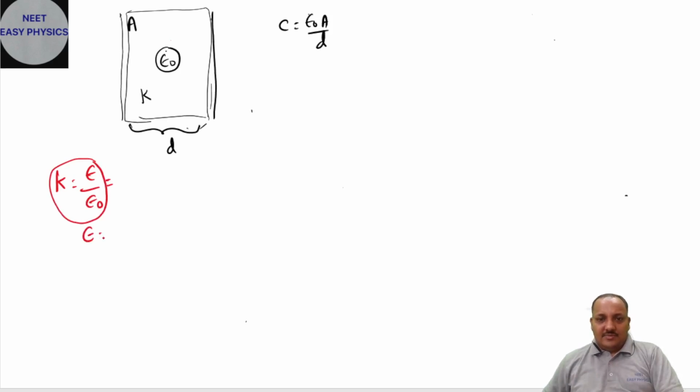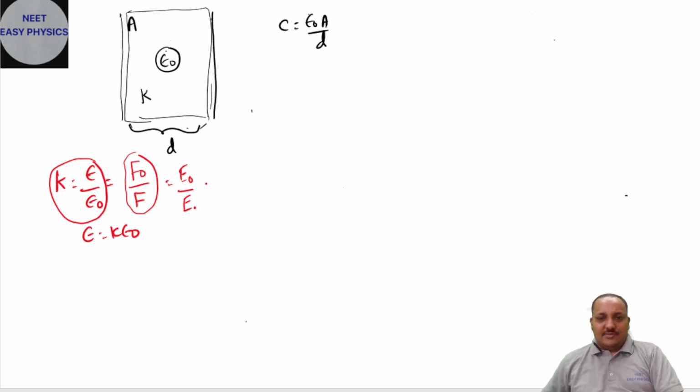Then epsilon is equal to K times epsilon naught. Next force, what did we get? F naught by F. Do you remember this? Electric field, E naught by E, isn't it?